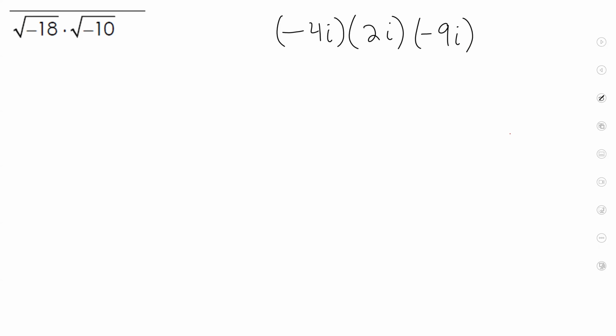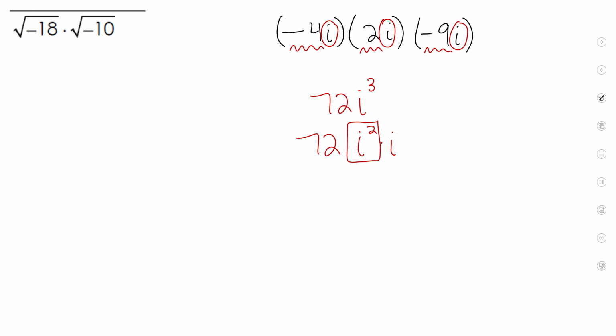Okay, so guys, I'm going to multiply all my numbers together. What's negative 4 times 2? Negative 8. What's negative 8 times negative 9? 72. Thank you. What is I times I times I? I cubed. Okay, so remember, we can write this as I squared times an I, right? Okay, and what is I squared?